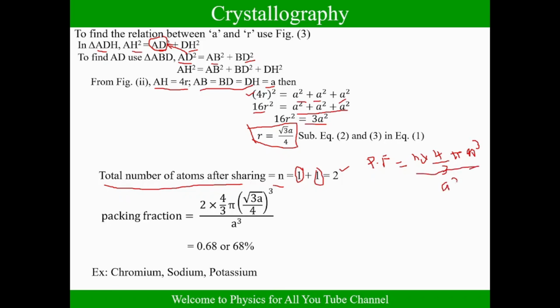This is the packing fraction definition. We already discussed the packing fraction definition in the previous classes. If you have any doubt, go back to my YouTube classes and refer to the definition of packing fraction.